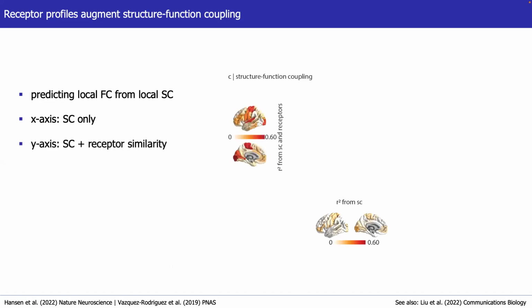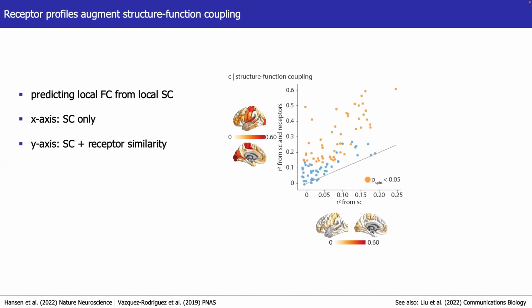What we said was, well, look, the arrangement of neurotransmitter receptors should also modulate the emergence of functional dynamics on anatomical networks. So we have a second model here in which we're predicting functional connectivity from both structure and receptor information. That's what the map looks like.